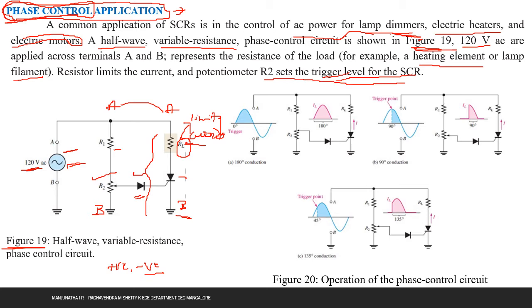We are concentrating more on the potentiometer R2 setting the trigger level. So here we have to concentrate on resistance R1, potentiometer resistance R2, and the load resistance.